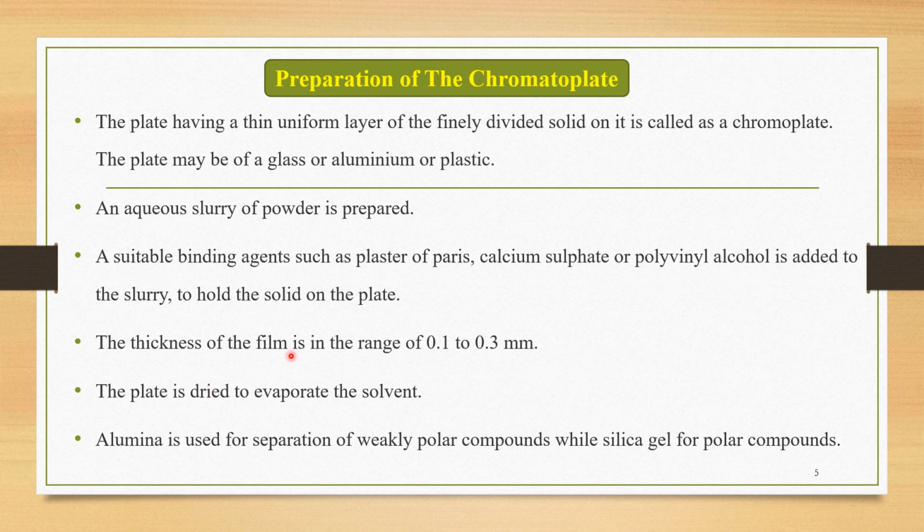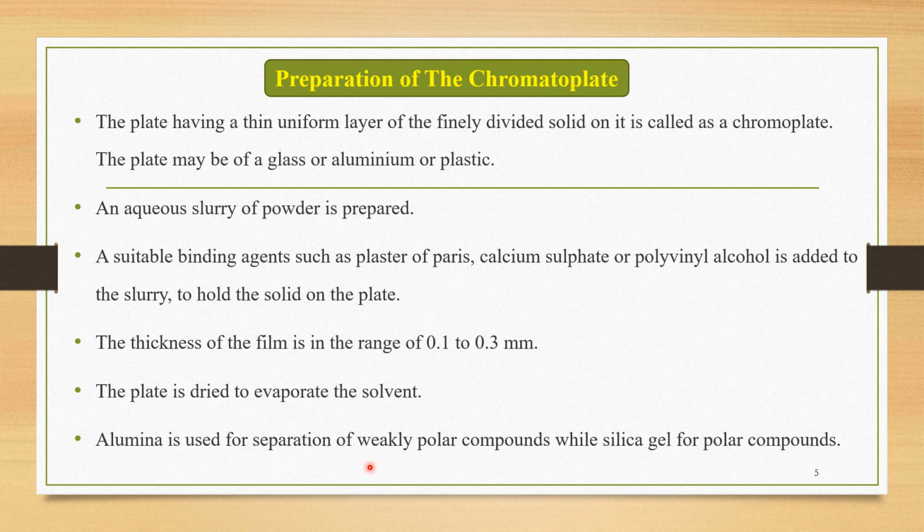The thickness of the film is in the range of 0.1 to 0.3 millimeter. The plate is dried to evaporate the solvent. Whenever we dip this glass plate into the slurry solution, after taking it out, we have to dry it to evaporate the excess solvent.